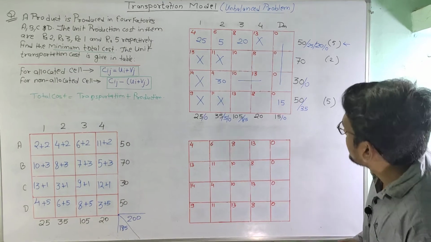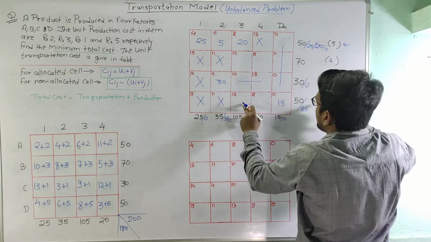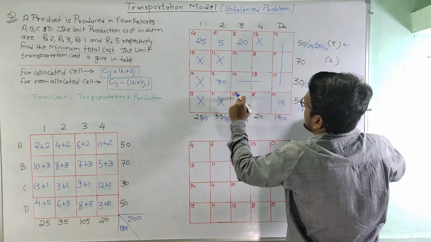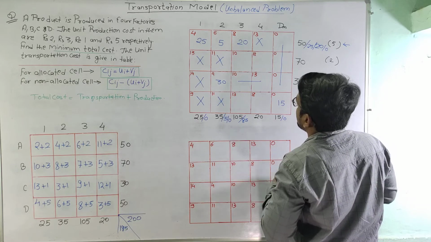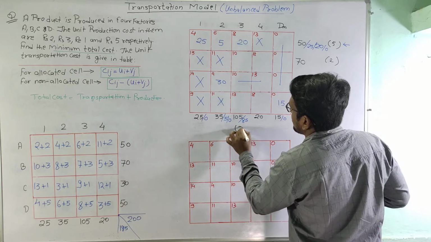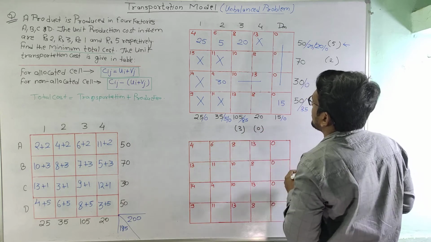So here we can see that this time row does not change, so the differences remain same, and for column this will be penalty is 3 and 0. This is 3 and this is 0.